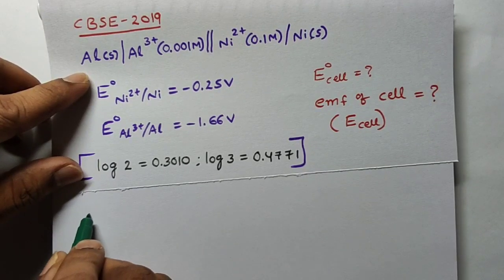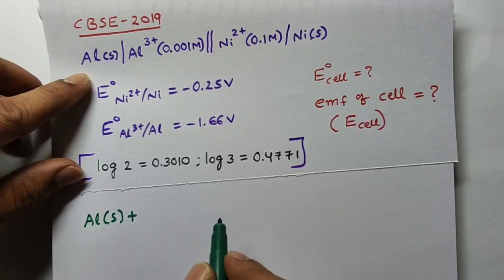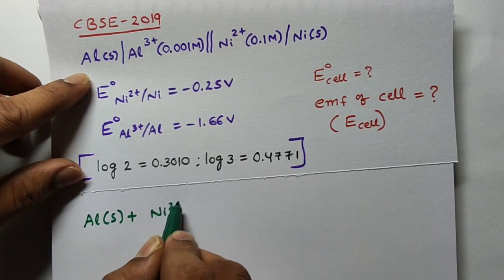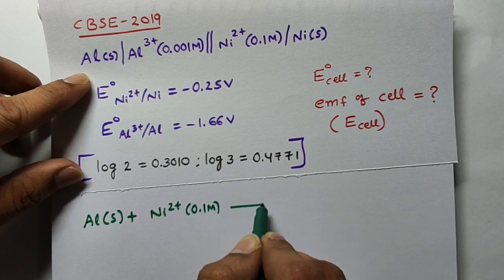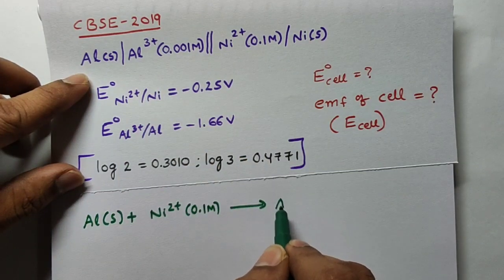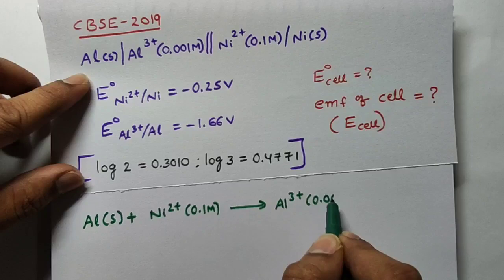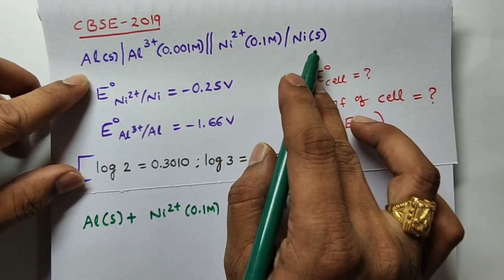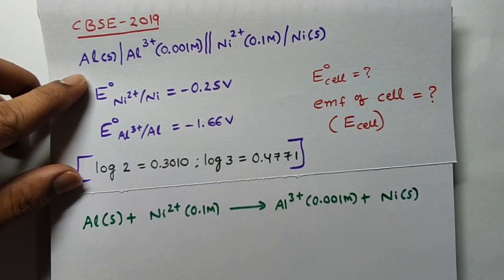First you can observe aluminum solid. Next, Ni2+ with concentration 0.1 molar. Al is converted into Al3+ with concentration 0.001 molar, and Ni2+ is converted into Ni solid.